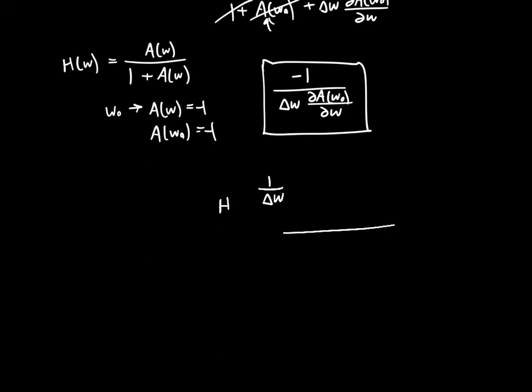But overall, we expect the frequency response to look like this, where this is omega, and this is a distance from our operating frequency omega naught. We expect our delta function to be smoothed out like 1 over delta of omega.